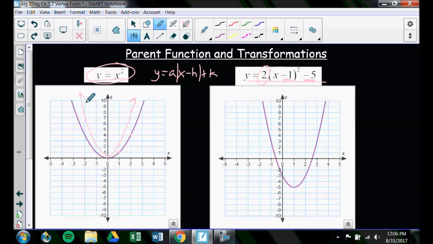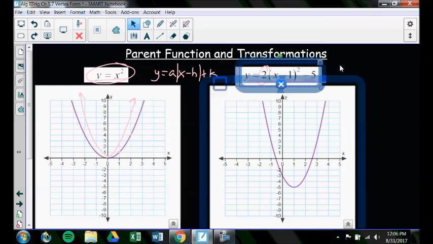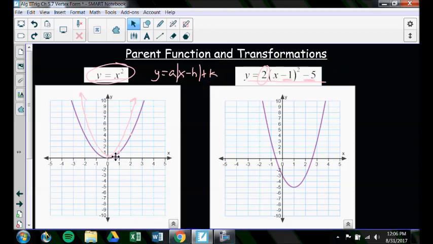But the y values now go up twice as fast. Then the graph gets moved right 1 and up 5. So this goes right 1, down 5. 1, 2, 3, 4, 5. Right there. And this graph will basically just match this graph. My curve wasn't perfect because I drew it by hand, but everything was slid right 1, down 5.